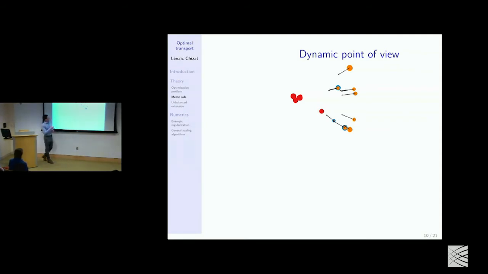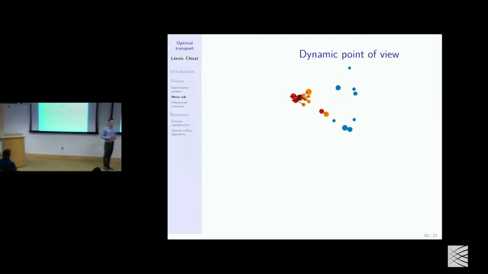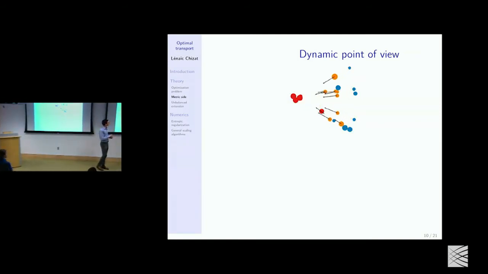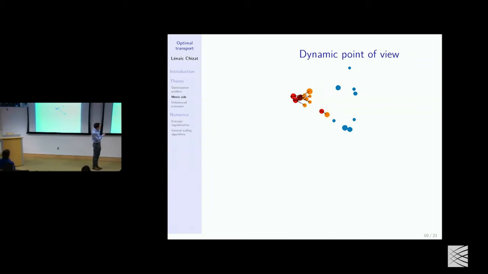Now, let us add the velocity vectors associated to these particles. That's how it looks. This is the interpolation, and I've just added the velocity vectors. So we can ask, is there a way to directly characterize this interpolation in terms of a minimization problem? And that's true because each particle travels at a constant speed on a straight line.